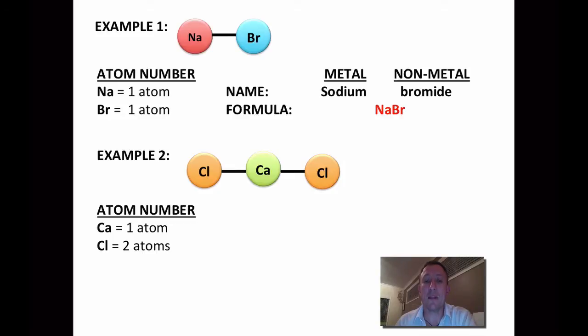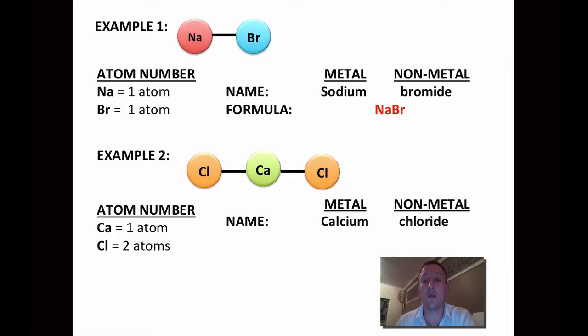Now when we name the formula, let's put it together. We put the metal first, followed by the non-metal with its suffix alongside. The metal in this case is calcium, and the non-metal with its suffix is chlorine, which is changed to chloride. When we write the formula, we write the metal first. The chemical symbol for calcium is Ca, followed by the chemical symbol for chloride, which is Cl.